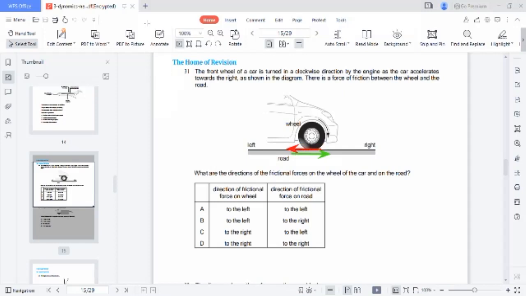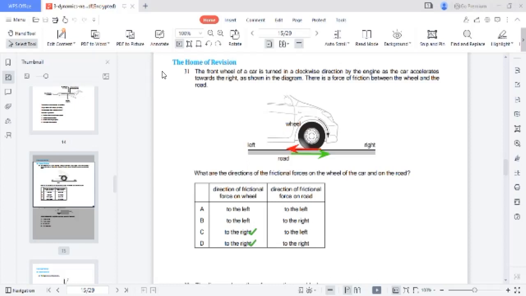So we have towards the right, like we have only two options like this. So now let's consider, the tires have some printing on it, like there are designs on it that causes some friction.